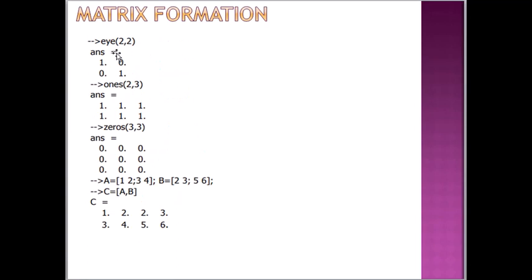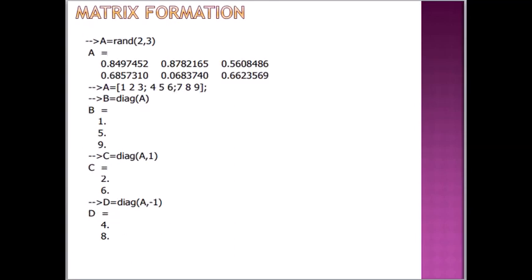Eye means that we are writing the identity matrix, and ones means all the numbers will be 1, and zeros means all the numbers will be zeros inside the matrix. And again here we define A is equal to [1 2 3 4] and [2 3 5 6], and if we need to write in a different way, then we write C is equal to [A B]. Then the A matrix and B matrix will come in sequence.